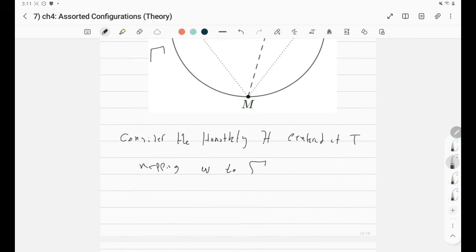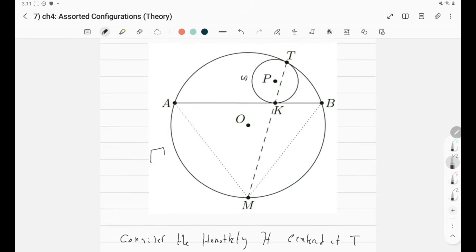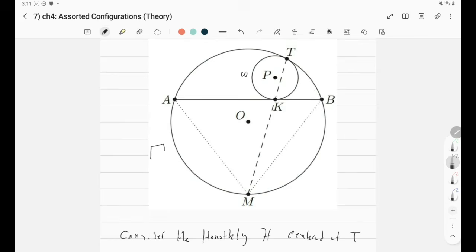So now what do we know? We know that this homothety maps point P to O, the centers. But it also maps K to M. By the way, we don't know that M is the midpoint. We just know that it's the intersection, okay? So of course, the point K will go to the other circle.